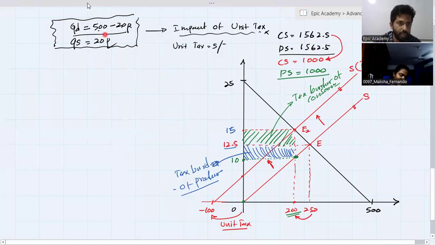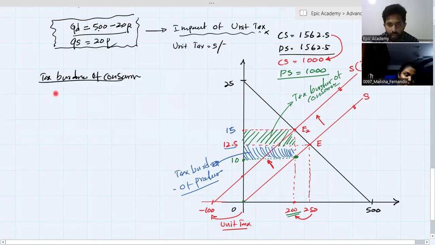First one is tax burden of consumer. Okay, you can calculate with me. Tax burden of consumer. Length is 200. Height is 15 minus 12.5.